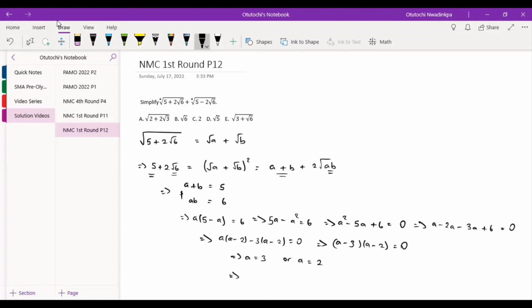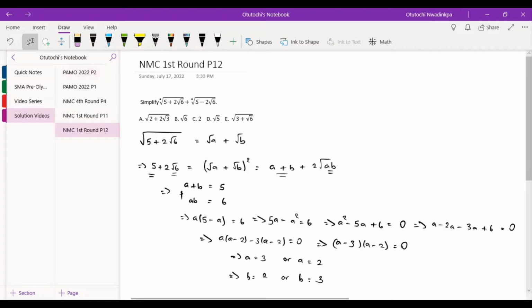Now a equal to 3 implies that b is equal to 5 minus a, which is 2, and a equal to 2 implies that b is equal to 5 minus 2, which is 3, right? So we have a and b equal to 2 and 3.